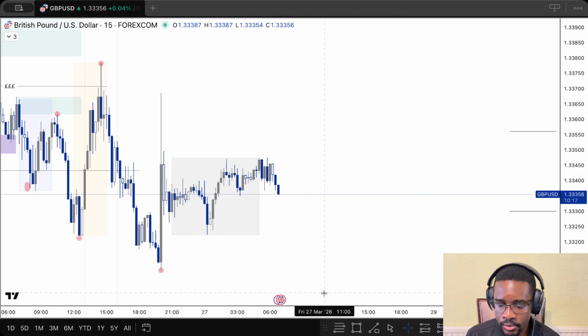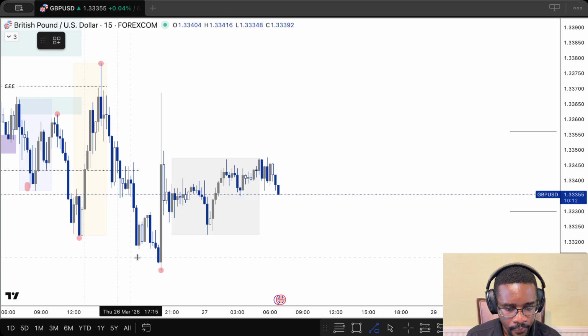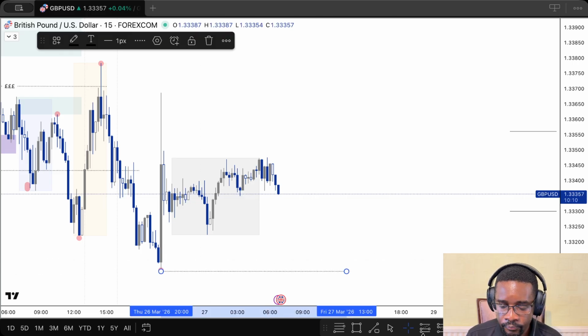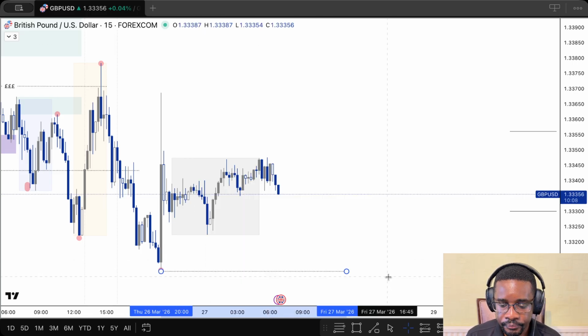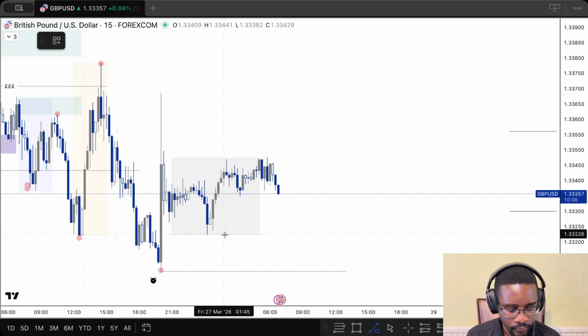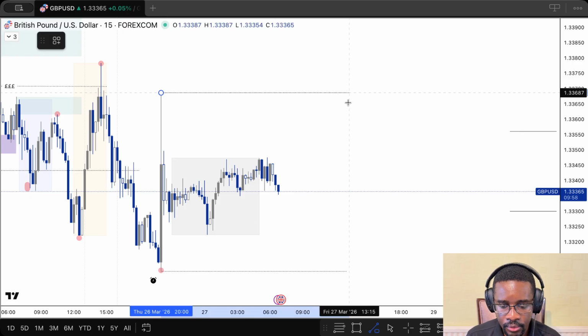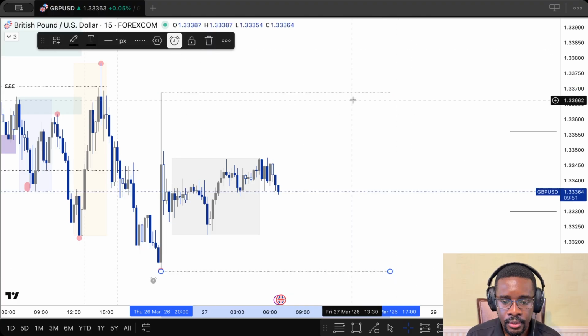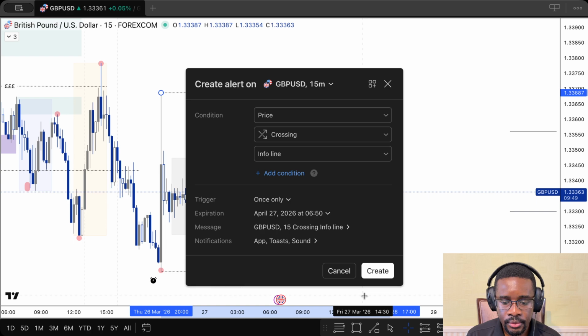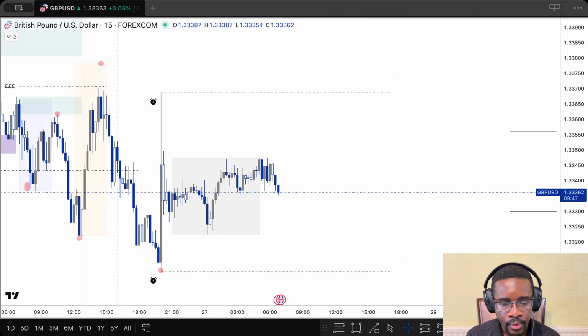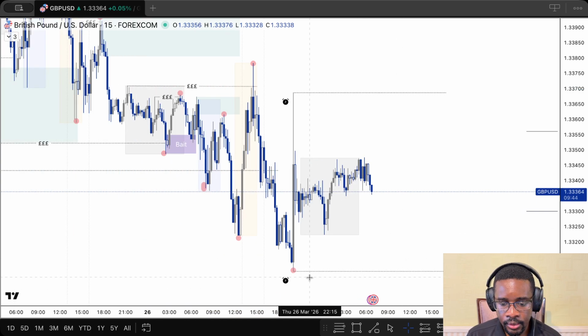So right now price is stuck in a range, so until we break that, or that, there may not be any reason to be interested in the markets, okay, because we don't have a clear direction.